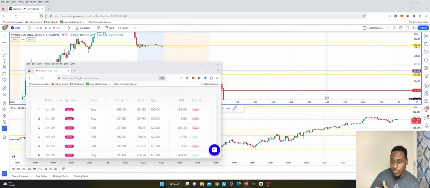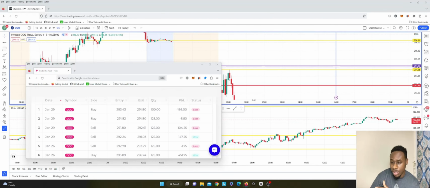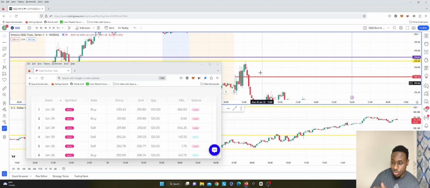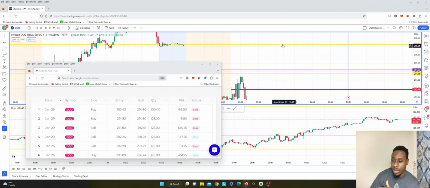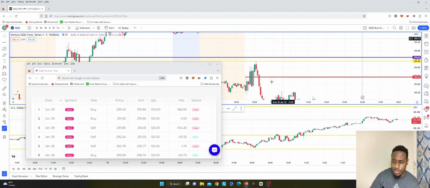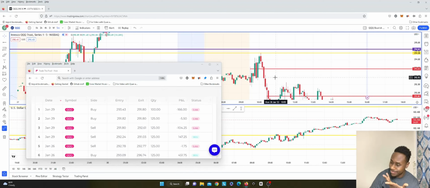So I was aiming for a push to this level. Honestly, that's where I wanted it to move. If it started breaking above here, I probably would have taken profits here if it didn't move all the way up here. It's just working on the trading strategy at this point, to see where it would make sense.